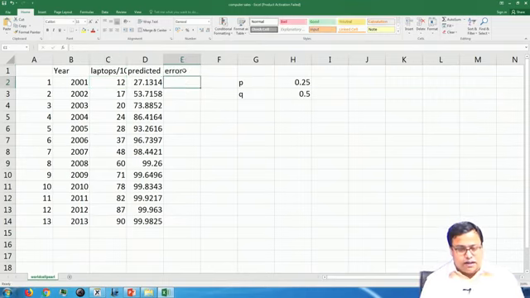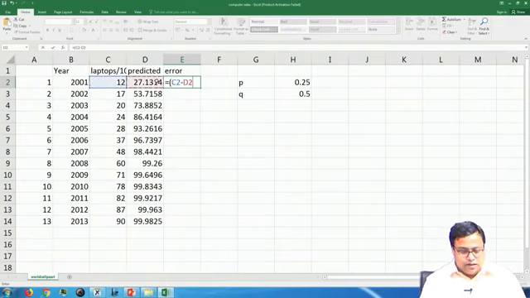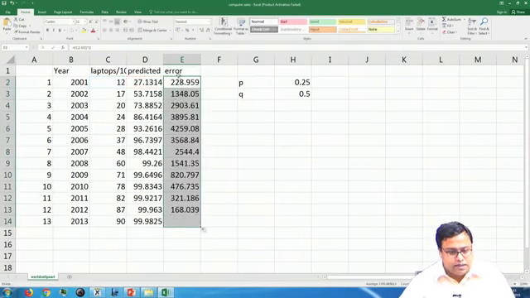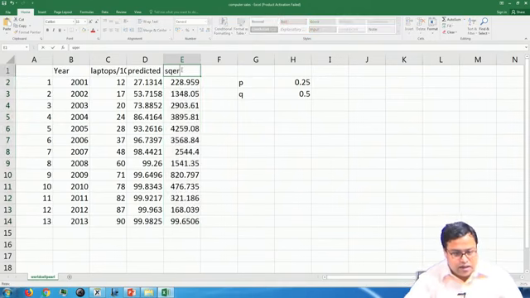So, how much is the error? The error is basically nothing but the actual minus this, squared. So, similar to previous one, I am getting my error square. So, I can say square error SQER, and then what is RMSE?